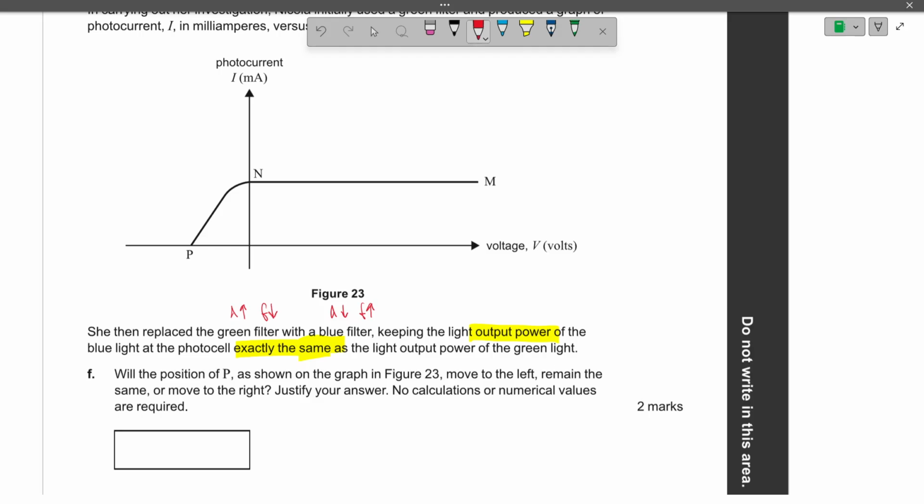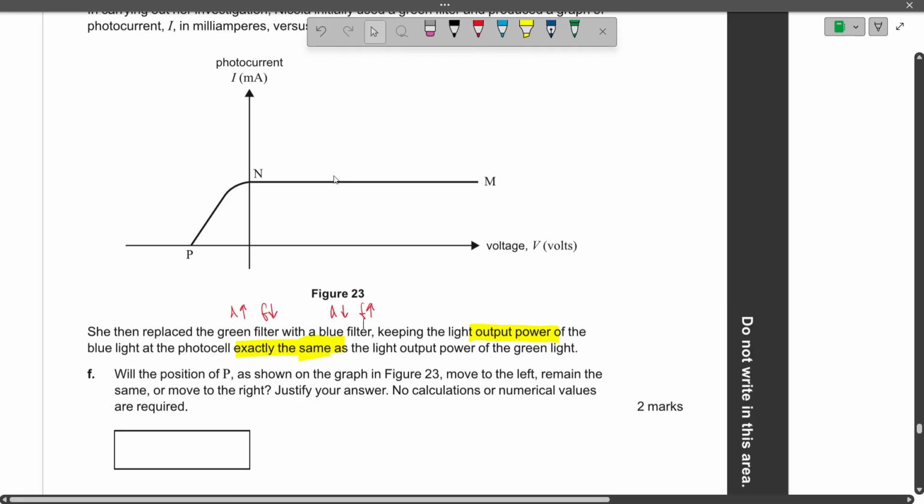So if we're using light with a higher frequency, we are now using light with a higher energy, which means that light has more energy able to impart as kinetic energy to those photoelectrons. It can kick them out with more oomph, right? So you're going to have a larger stopping voltage needed to stop those more energetic photoelectrons. So you can imagine this stopping voltage is going to increase that way to the left.